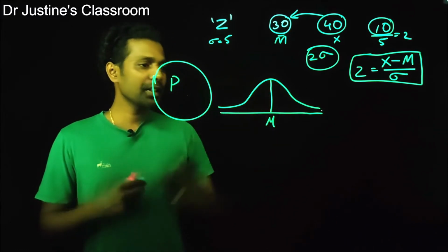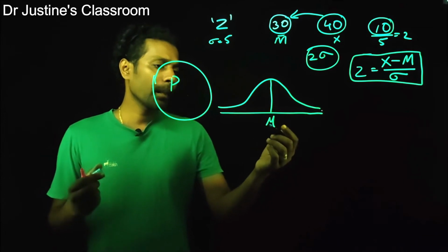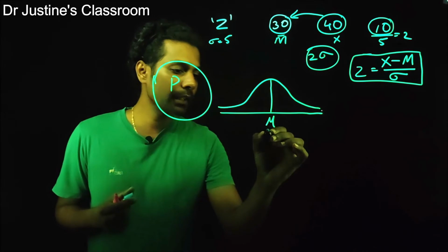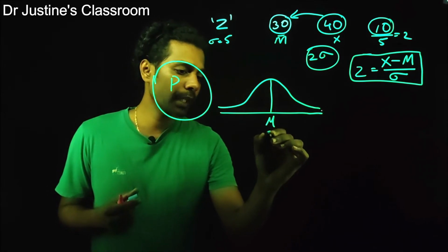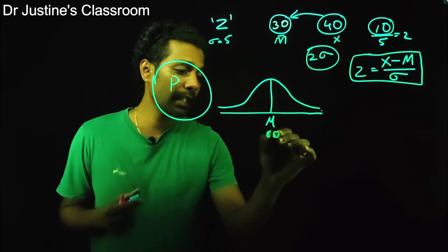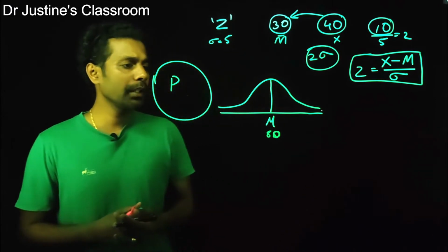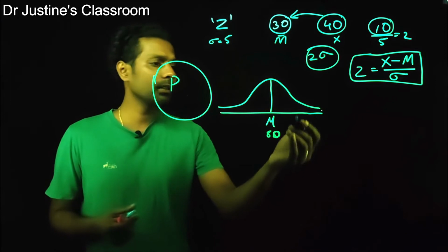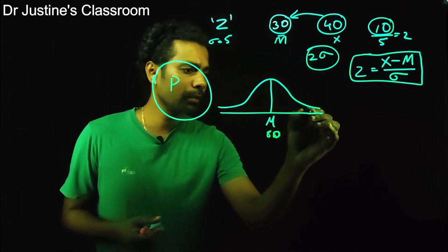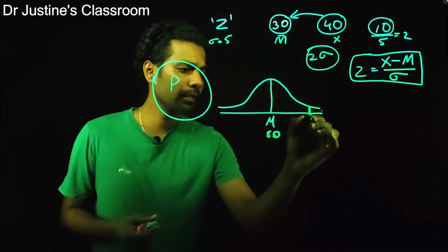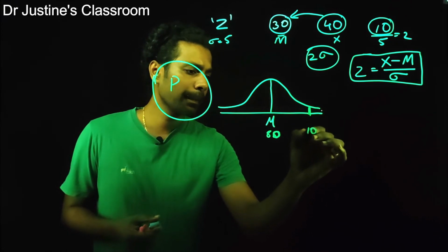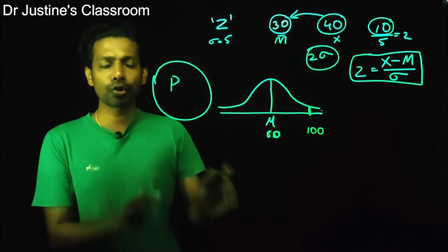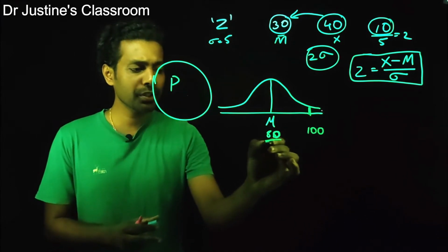Now the application is, assume that the population mean is around 80, and I have a sample here whose mean is 100. Generally we do not know the population, but assume that you know the population value.